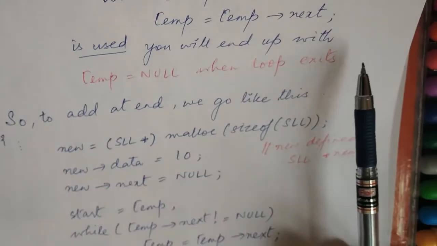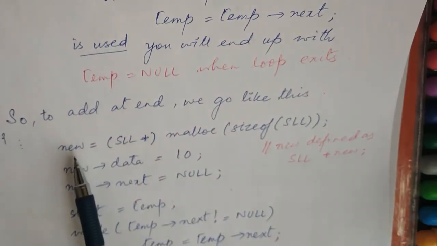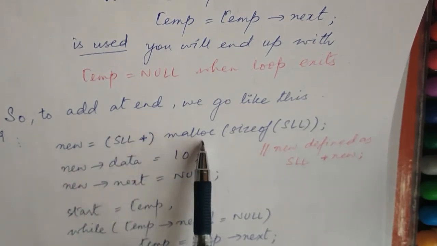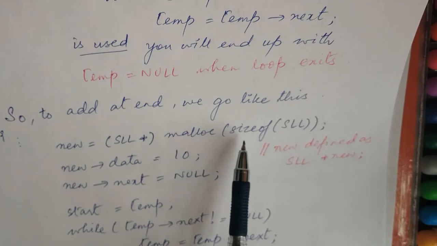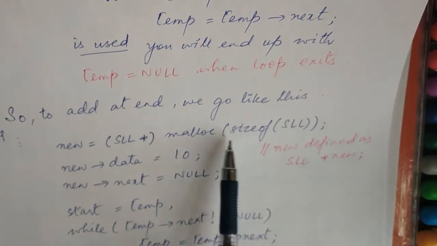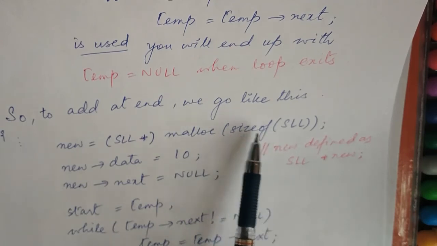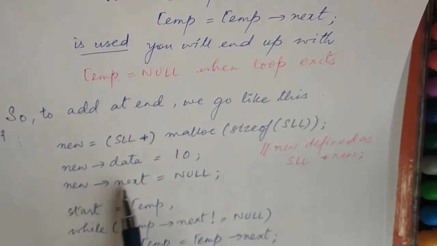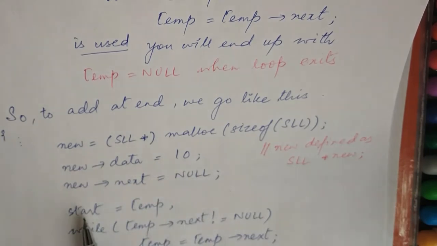And what do we do once we reach there? Let's say I'm defining a new variable new, which holds the address of the newly created linked list node. Okay, we put data 10 for example in this, and we put next field as null.